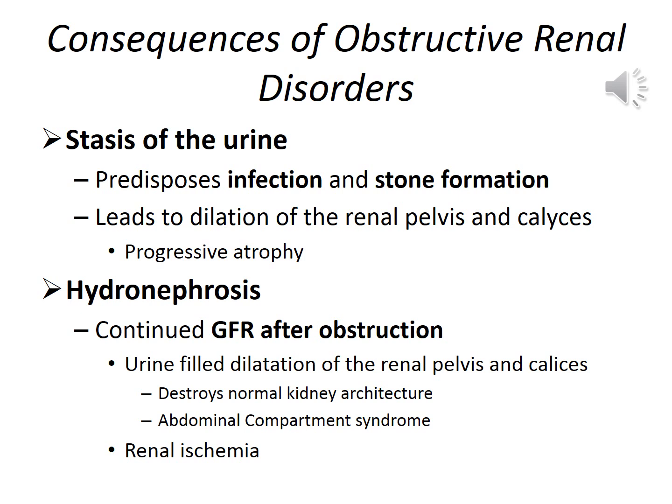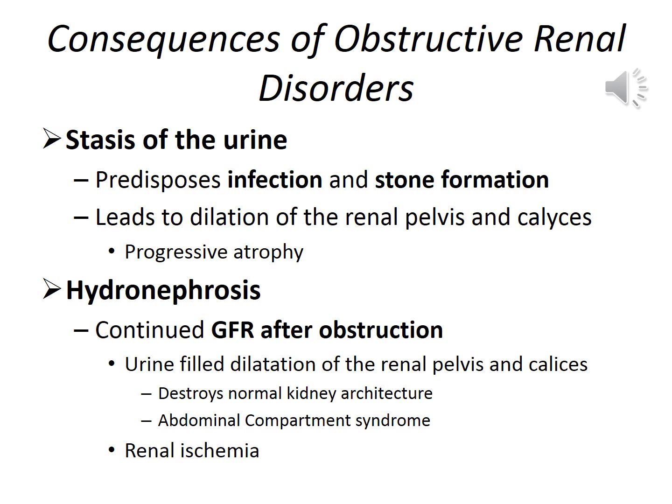The other thing that happens is as the pressure builds up, it's going to start dilating the renal pelvis and calyx, and that pressure is going to cause kind of a pressure atrophy, which leads to the next step, which is hydronephrosis. What happens in the kidney is we're obstructing it downstream, either in the renal pelvis or the ureter or the tubule somewhere, and the kidney continues to filter in the glomerulus.